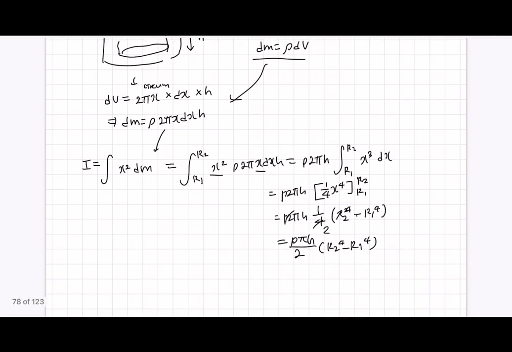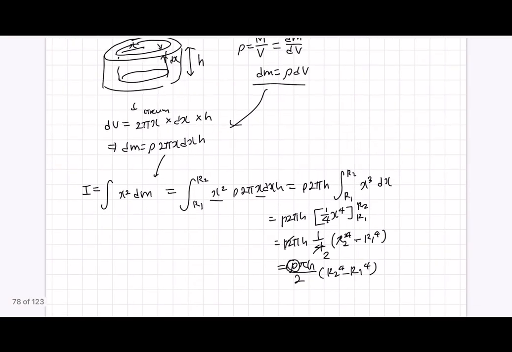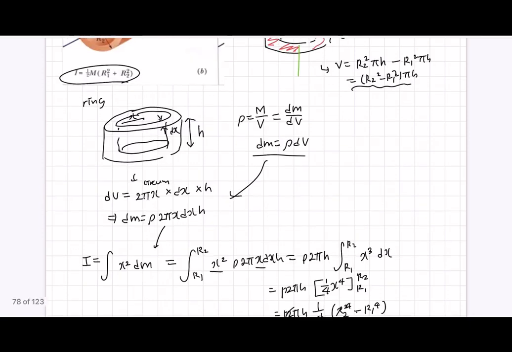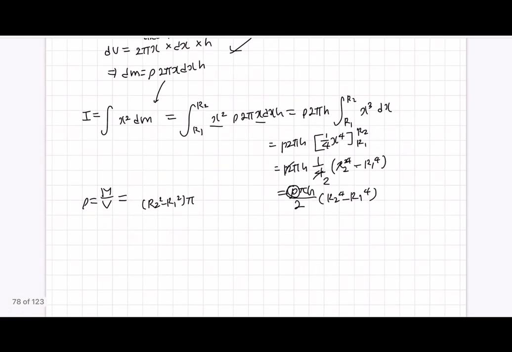And remember that we have this value left, right? For rho, we have already derived it, because rho is equal to m over v as a mass density, so you would have r2 squared minus r1 squared pi h over m.